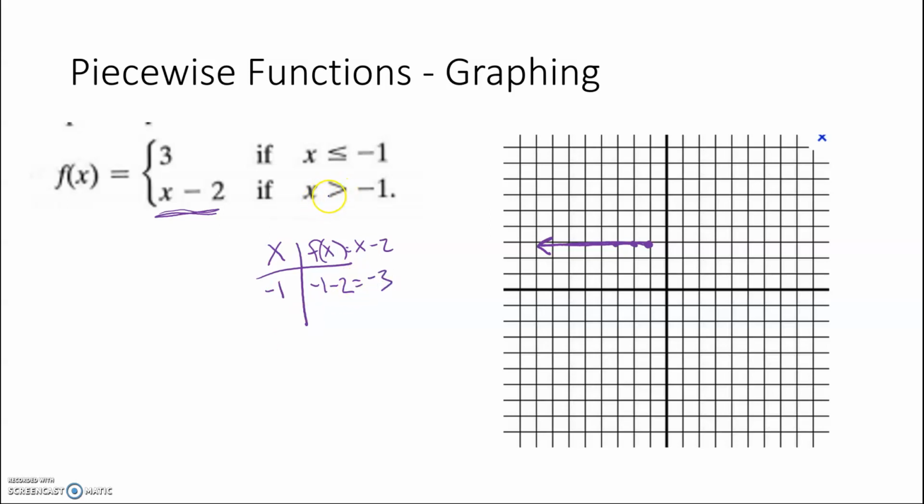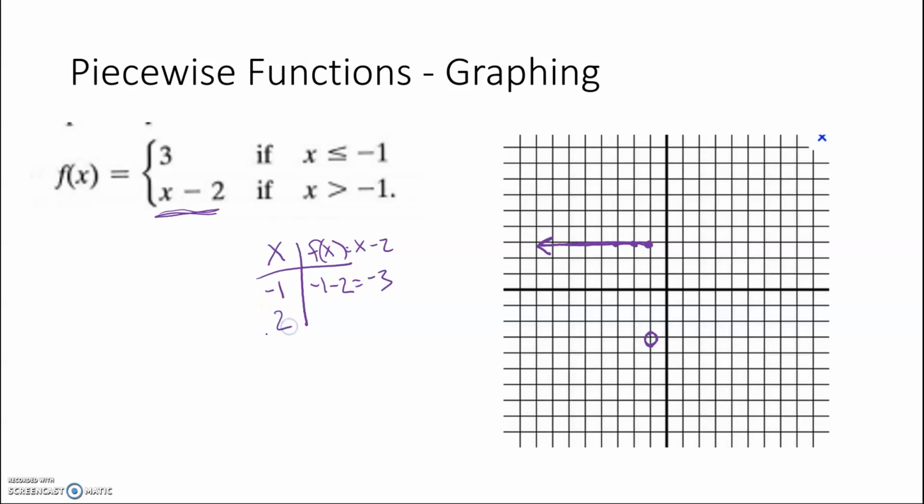Now remember x has to be greater than. So we're going to come to our graph and graph -1, -3, but we're going to put an open circle, because remember we can't equal that point. We want everything greater. So now pick something greater. This could be whatever you want to plug in, 1, 2, 3, whatever.